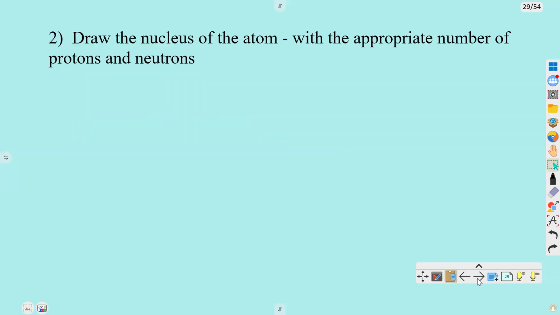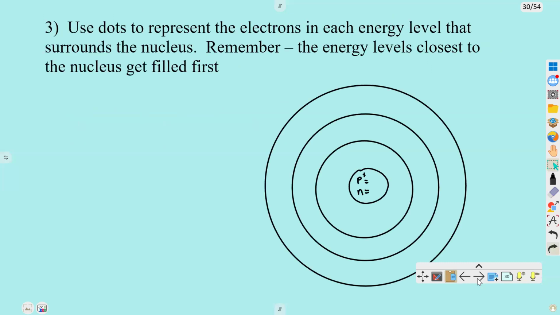Once we've done that, we will draw the nucleus of the atom, put in the appropriate number of protons and neutrons, and then we will start to fill up the electrons in each energy level. So, for example, let's start with one element that we always need in abundance, and that would be the element of oxygen. So let me just switch over to the pen here, and we can start looking at how we would do oxygen here.